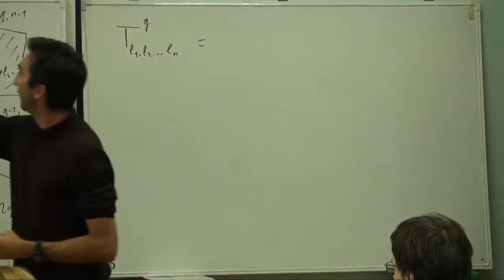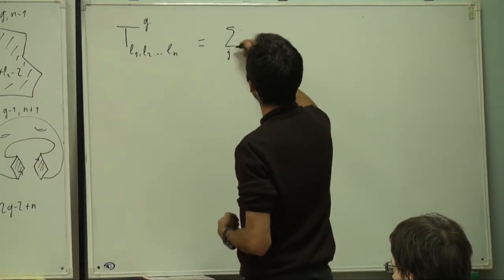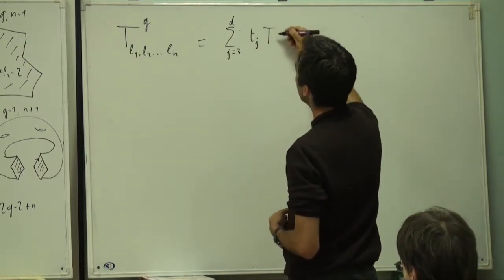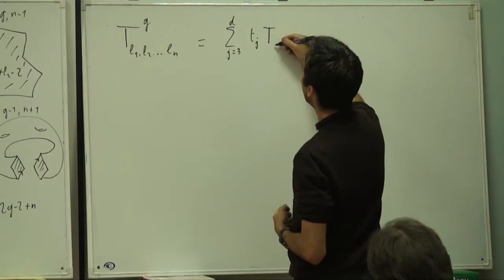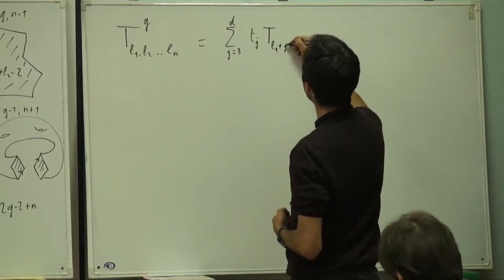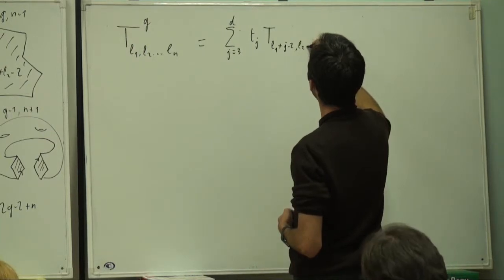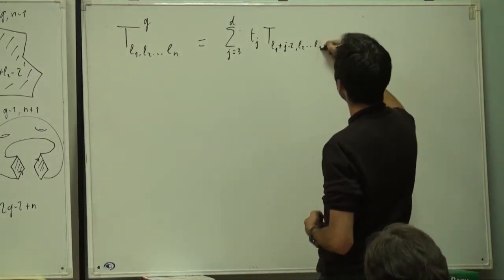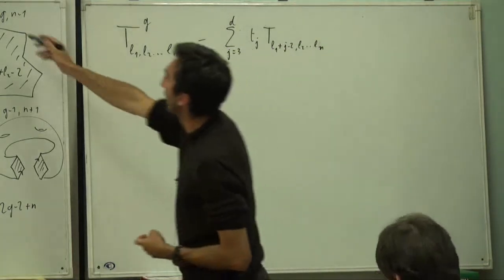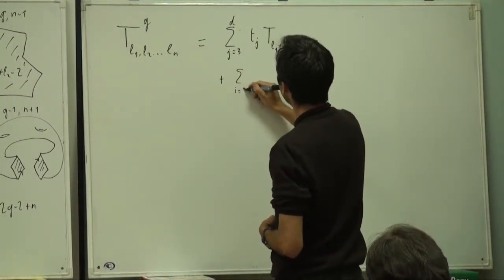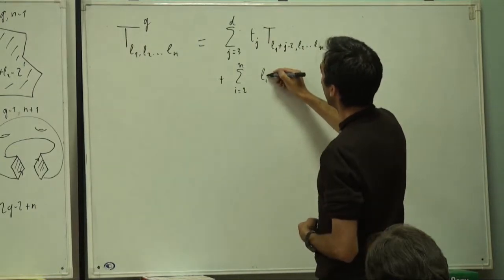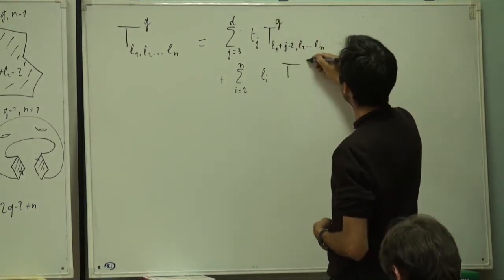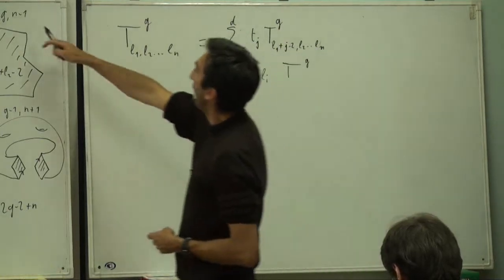So here we have sum over j equals 3 to d of t_j, t to the L1 plus j minus 2, L2, and so on, Ln, plus, in this case, sum from i equals 2 to n of Li, t to the, so, sorry, there is a g, and so here we have n minus 1 faces now.